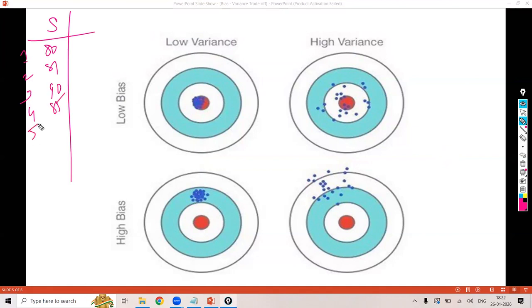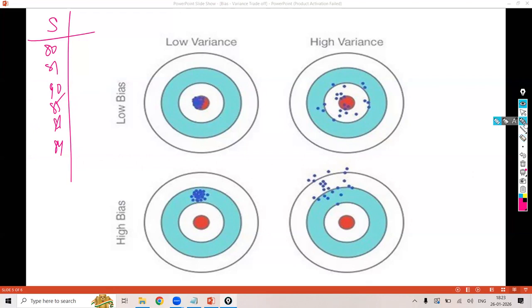Between the marks of the same subject across multiple tests, let's observe the values. Is the distance between them high or low? It is low. We call it low variance.